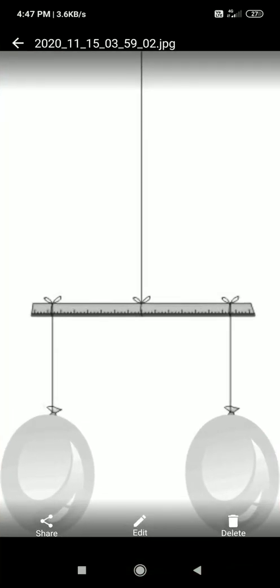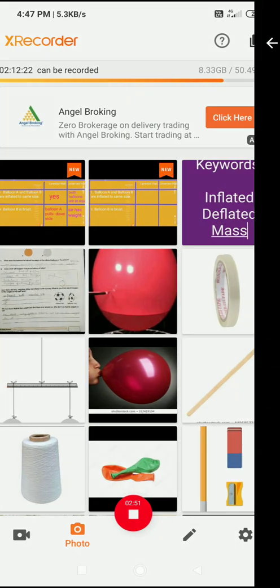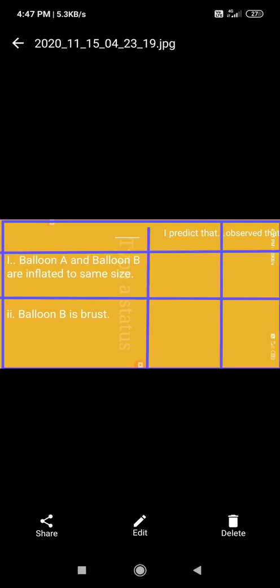So students, perform this activity at home, right? Now after performing that activity, make a table like this and write what I have written here in your table in classwork. Okay, you can write today's date, activity, air has weight, and set up like this, right?